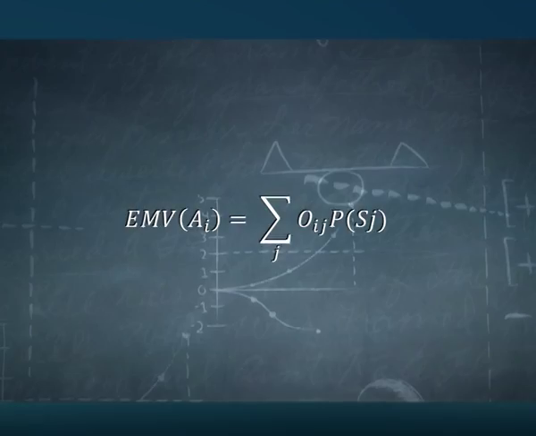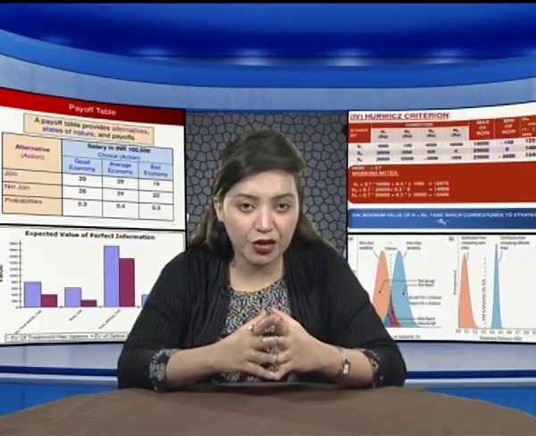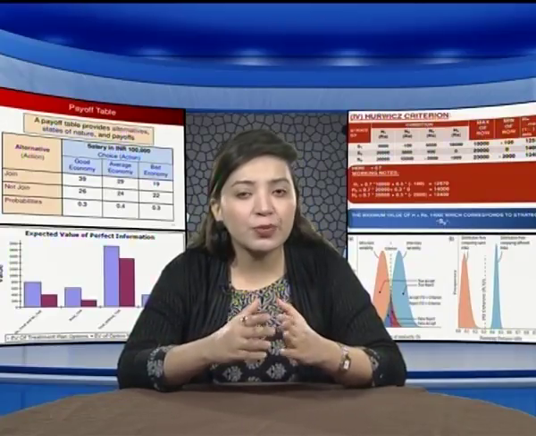Ai is defined as the sum of each outcome Oij of act Ai and state Sj times the probability of state Sj. Symbolically, EMV, that is Ai, is equal to the summation of Oij times probability of Sj. In other words, the EMV for any act is the weighted sum of all the payoffs for that act over different states of nature, the weights being the probabilities of occurrence of the corresponding states of nature.